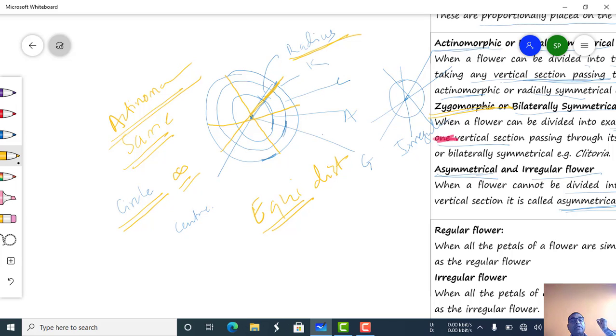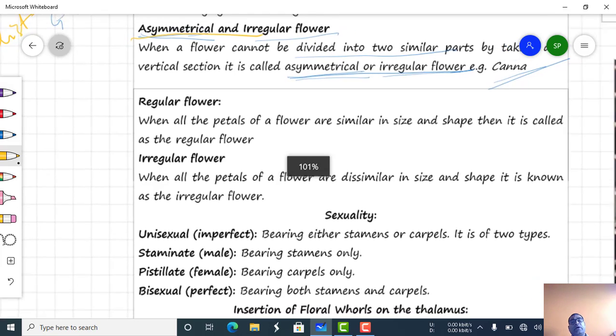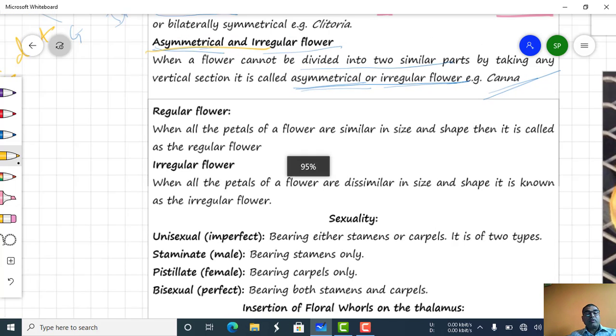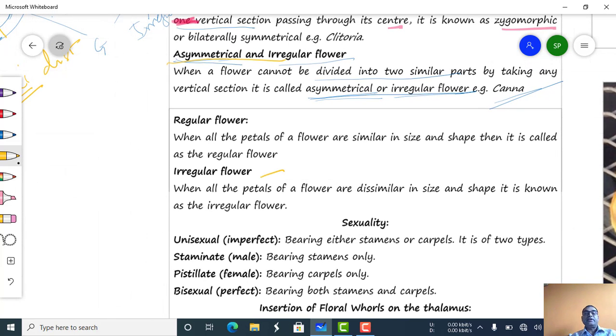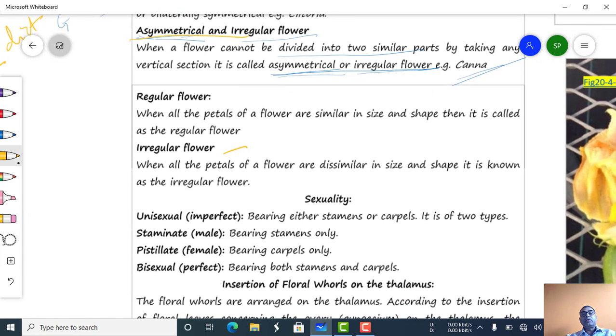And if there is no plane where the flower can be divided into two equal parts, then the flower is said to be asymmetric. Regular flower and irregular flower: generally actinomorphic flowers are considered regular, zygomorphic flowers are considered irregular.